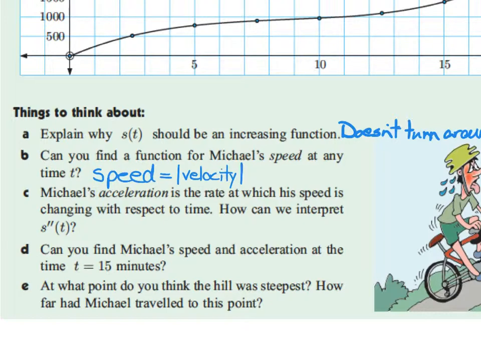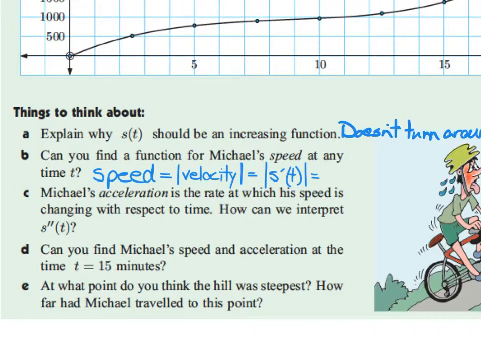Now, with that being said, the speed will be the derivative of your displacement. In this case, we don't need the absolute value. We can put it there anyway, but I don't need it because of what we said in part A: it's always increasing, so our velocity will always be positive.